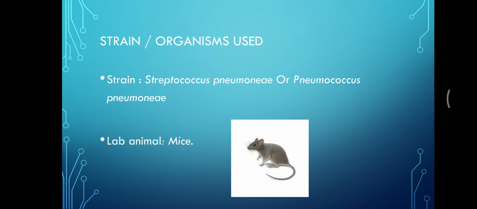Now, what type of strains or organisms were used during the experiments by Griffith? The organism used was Streptococcus pneumoniae, or Pneumococcus pneumoniae, and the lab animal used was mice. While conducting experiments on pneumonia disease, Griffith found some different factors.